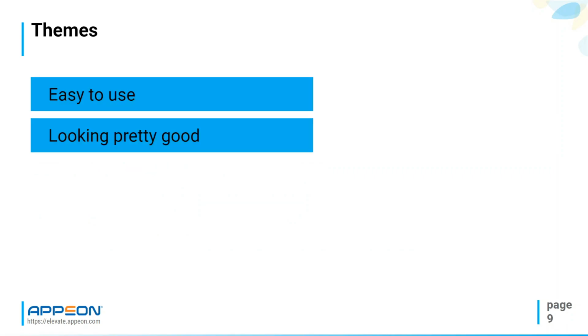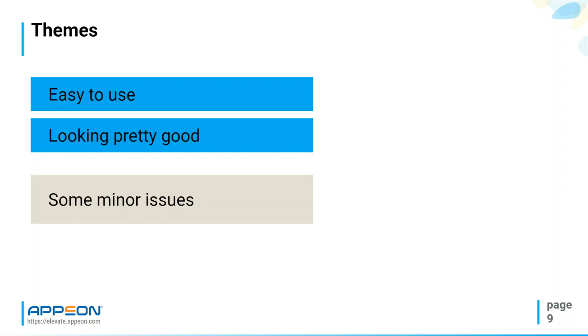Okay, themes. From my point of view, themes are pretty easy to use and look pretty good. We didn't implement them yet because we're not in PowerBuilder 19, but we plan to do that later on. So I've had a deep look into them, and it looks pretty good. But well, there's some minor issues with themes.